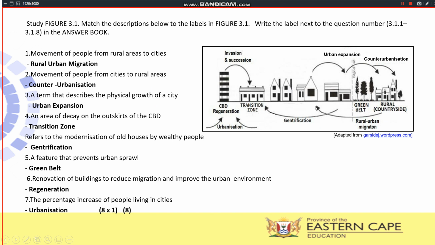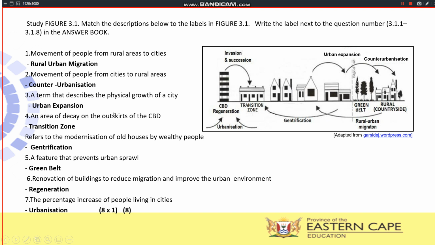By looking at the sketch, you must be able to identify that. It's usually called rural-urban migration. What is the movement of people from cities to rural areas? That is counter-urbanization. So rural-urban migration is movement from the rural areas to the urban areas, and movement from the urban areas to the rural areas is called counter-urbanization.